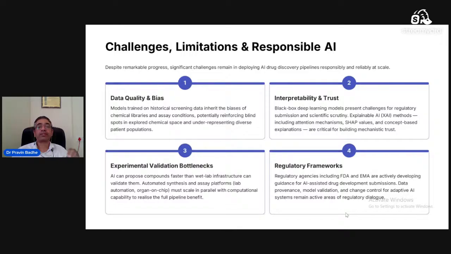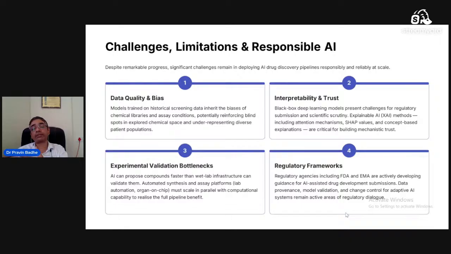There are challenges, limitations and responsibilities which we have continuously discussed previously as well, about the data and the biases which you need to take care of. The major issues which can arise due to data quality and biases are that the regulators can create issues, because the regulatory agencies can get involved in this.